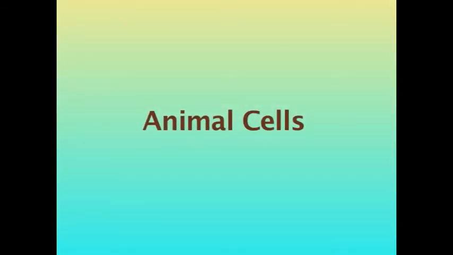Let us now learn about the animal cells. Animal cells are also typical of the eukaryotic cell in being enclosed by a plasma membrane and containing a membrane-bound nucleus and organelles.